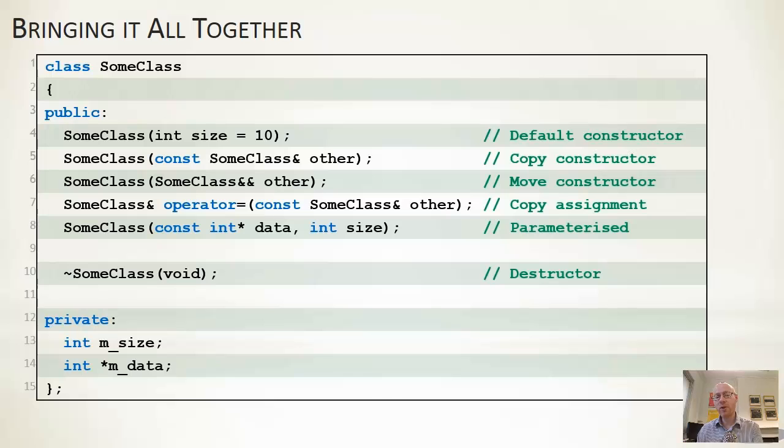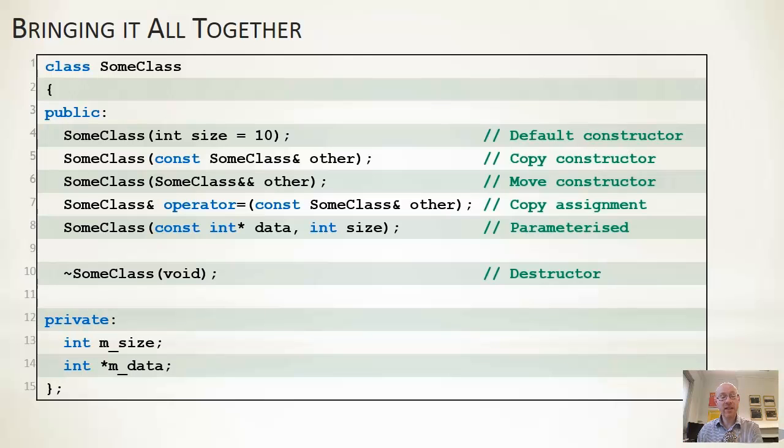You'll notice we're not using const, and that's important because the whole notion of move is that if you take data from the other class and transfer ownership across to your class, then you need to make sure you break that linkage in the other class. So the move constructor will probably end up changing the other class, whereas for the copy ones, we don't change it, it's just read-only.